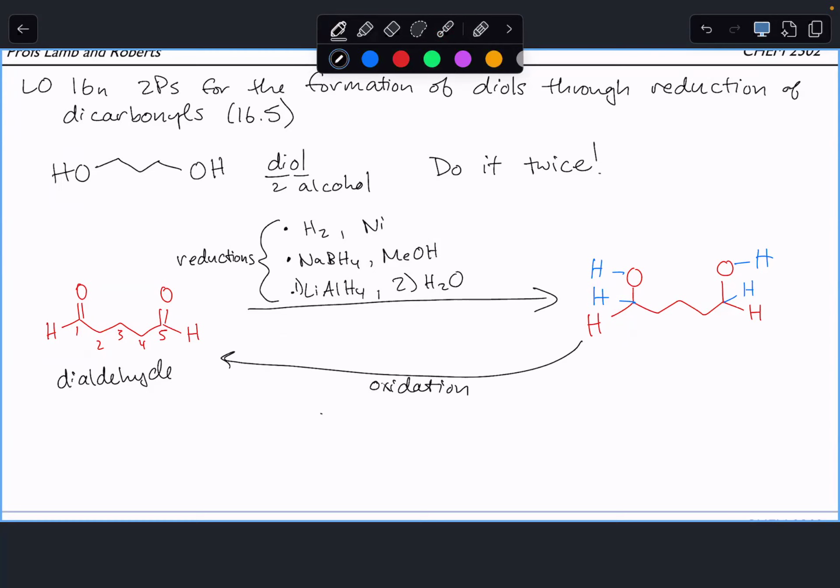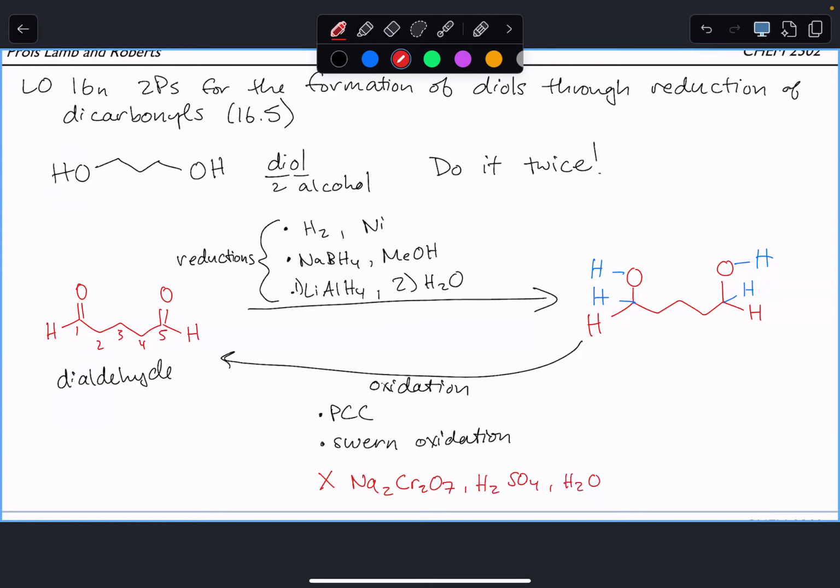So we have to use PCC or the Swern oxidation in order to stop at the aldehyde. You cannot use something like sodium dichromate with H2SO4 and water, because that would give the carboxylic acid.